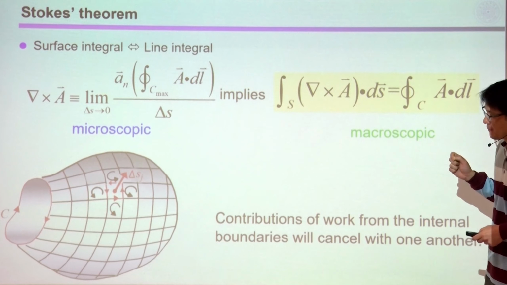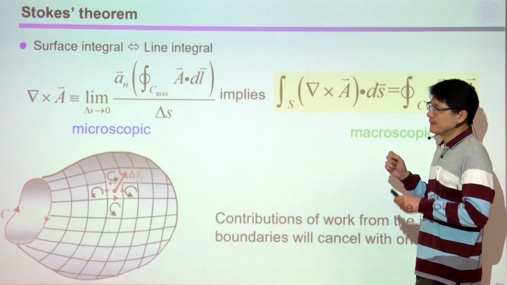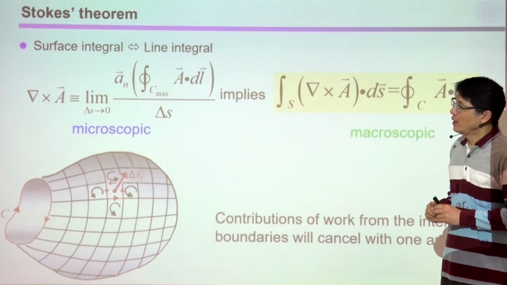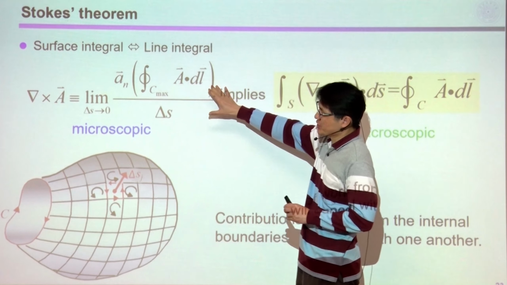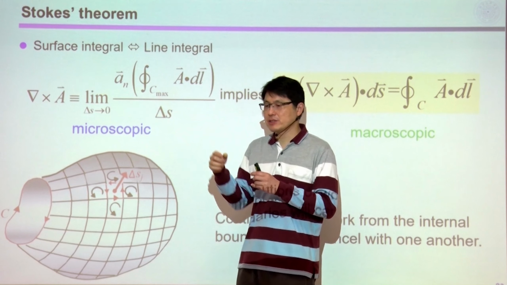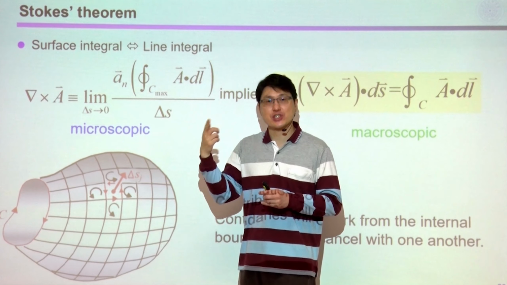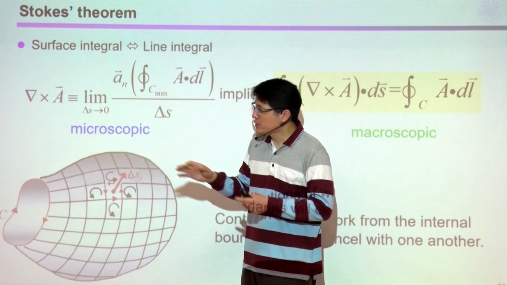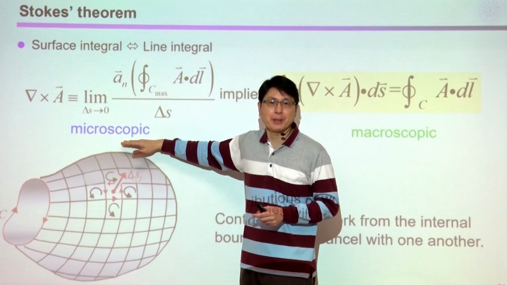Stokes' theorem is very similar to divergence theorem. From the definition that we just covered, the curl operation is trying to evaluate the net circulation over a very small surface area. So this is working in a microscopic view.